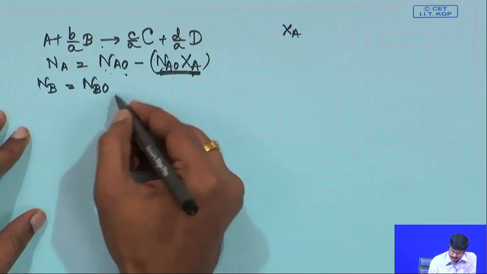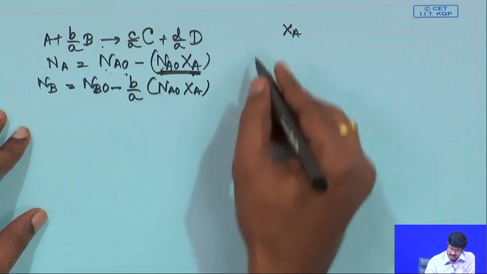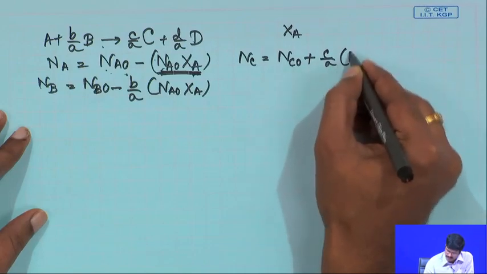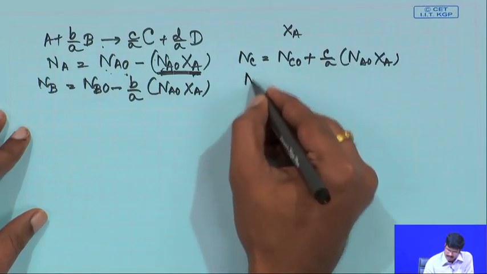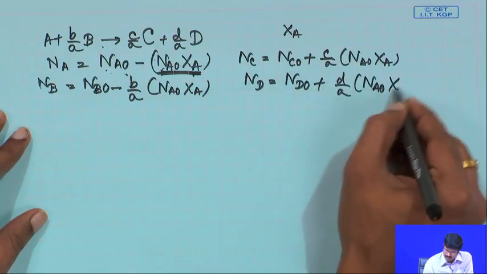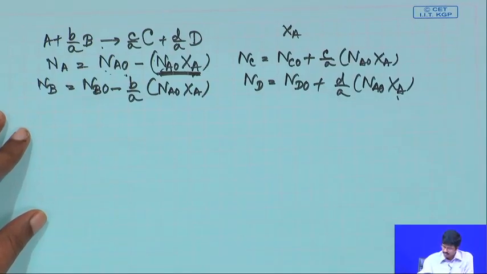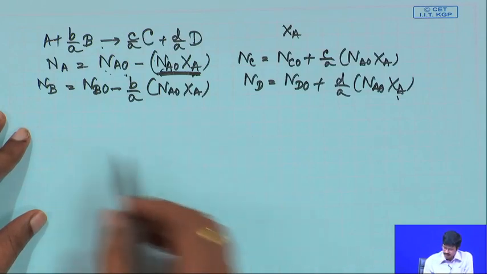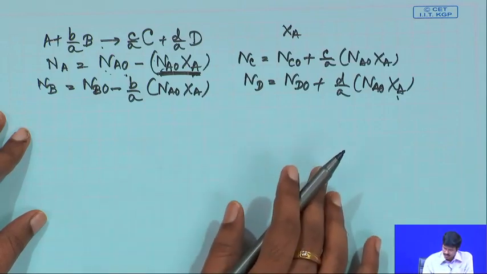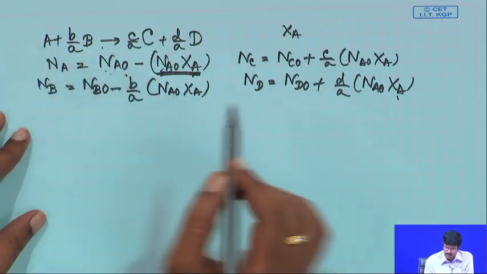This is N B 0 minus B by A into N A 0 X A. In the same way N C will be N C 0 plus C by A into N A 0 X A, and N D will be N D 0 plus D by A into N A 0 X A. This is something that will be useful afterwards if you are looking at, for example, a batch reactor or a CSTR.